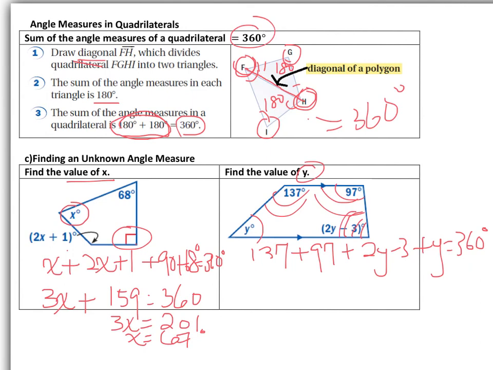Okay, and let's do the math. You should get 3y plus 231 equals 360 as the next step. And then 3y equals 129. And then y equals 40 degrees.